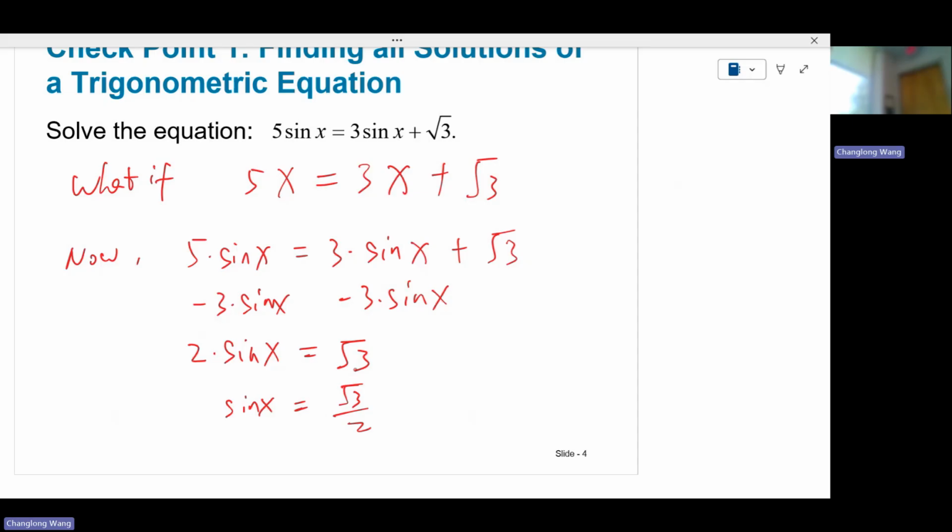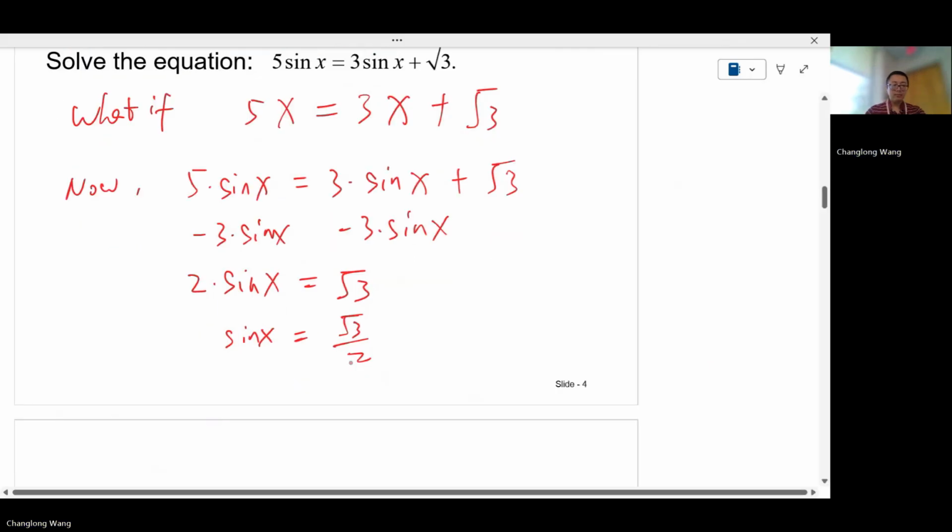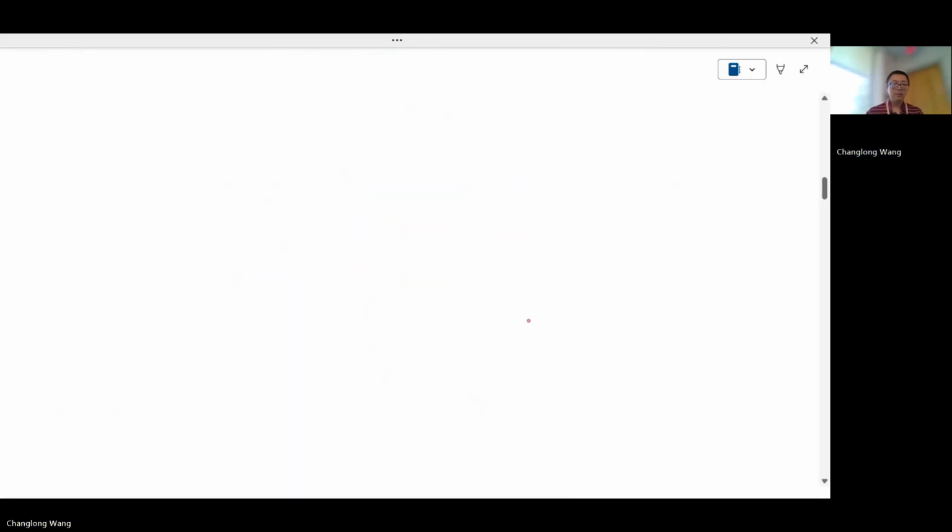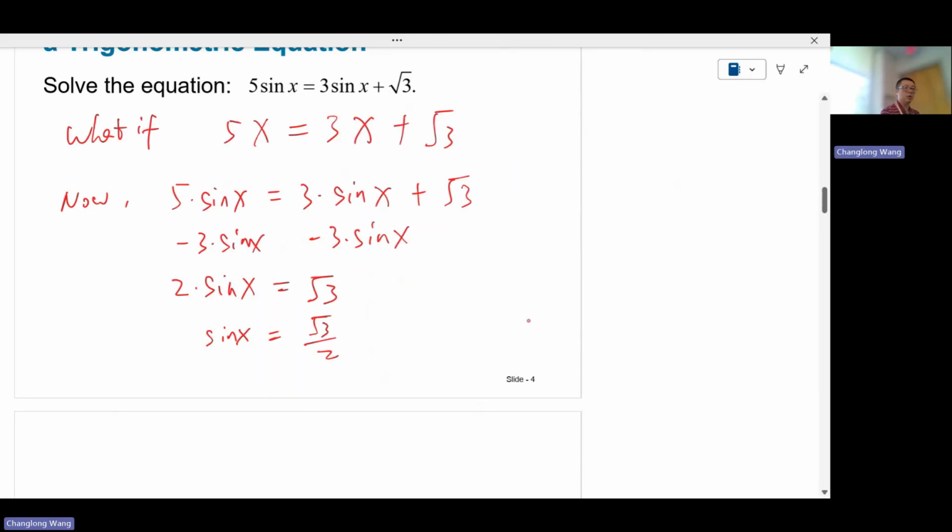So now the question is, from that fundamental equation, which is equating sine of x to a number, and you see why they're using radical 3 over 2? It's a very commonly used ratio. So now, how many of you at this point know what angle of x we're looking for?